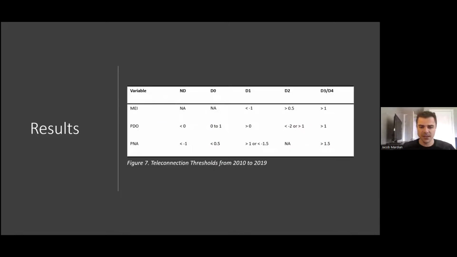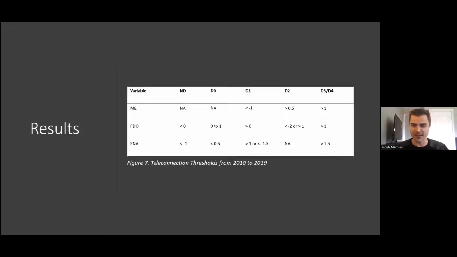So for example, we've looked at the relationship between teleconnections and drought, or some of these large-scale climate patterns. We look at the top row here, we have our multivariate El Nino index. And it didn't appear to have any strong relationship to the no drought or abnormally dry categories.